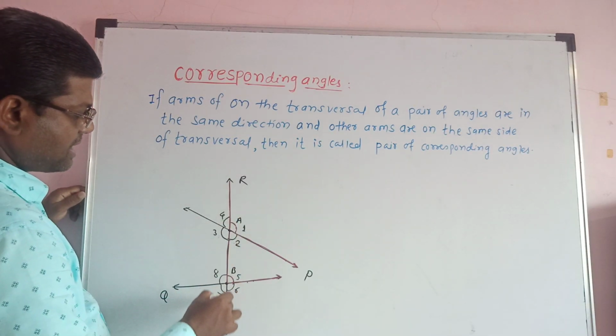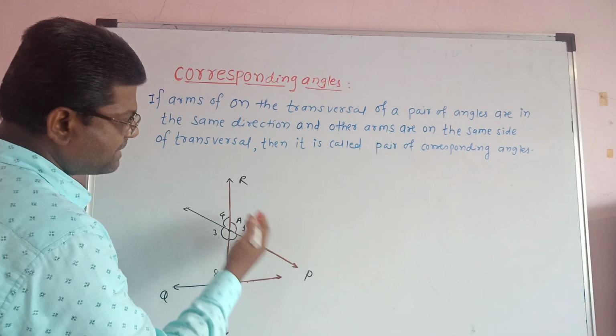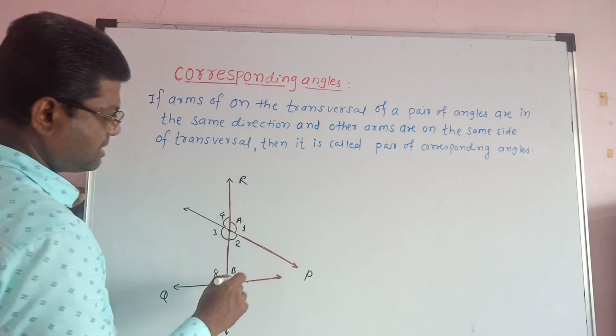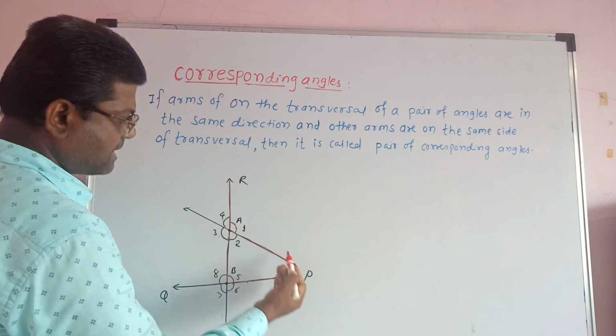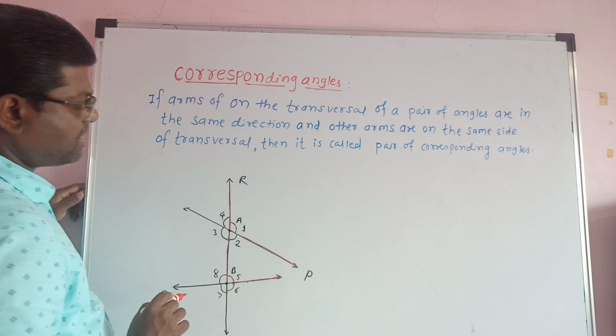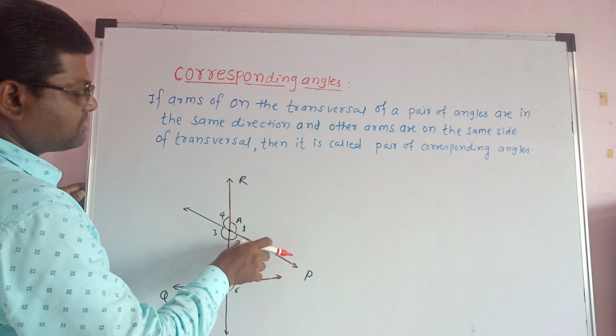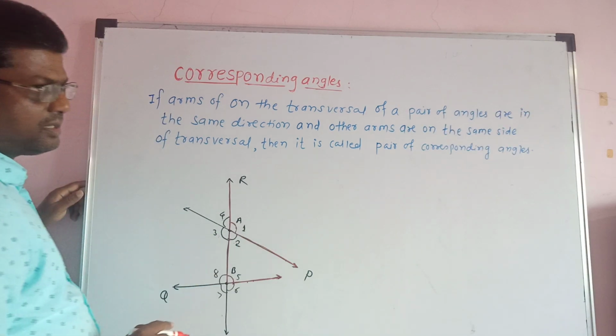So corresponding angles are on the same side of a transversal, that is towards the right side of the transversal R, and on the same side of the given lines.